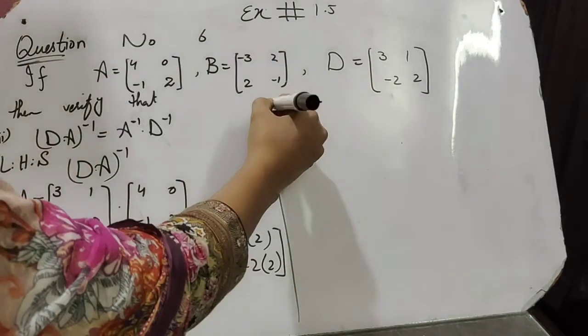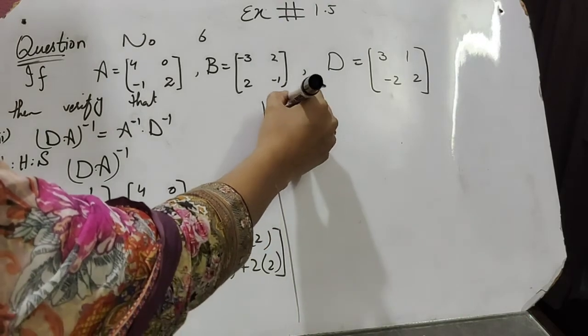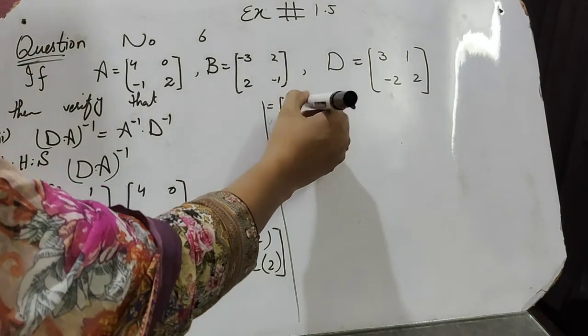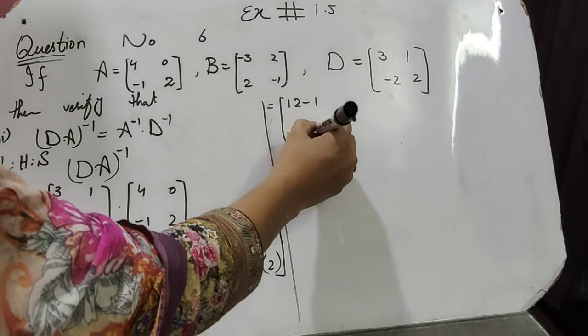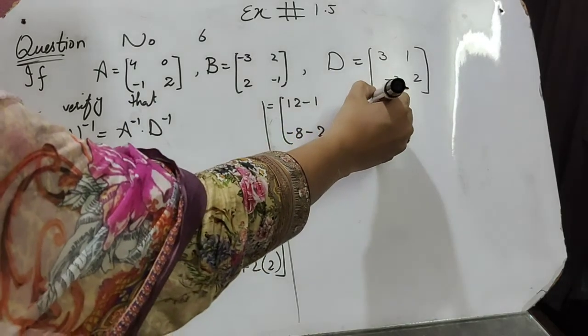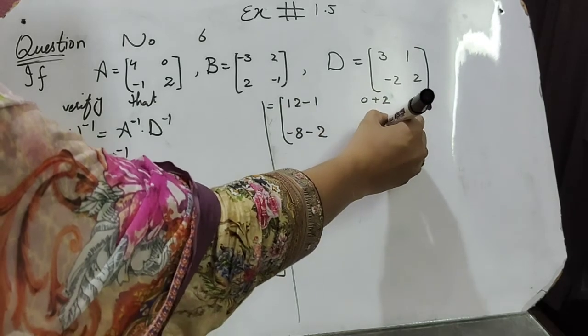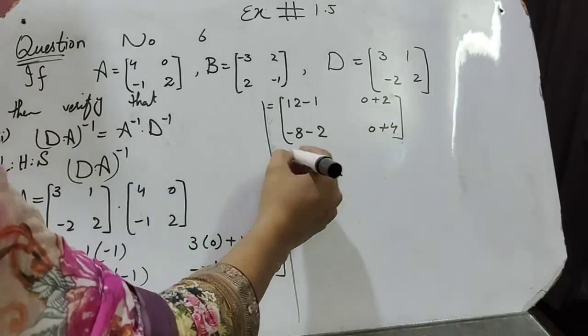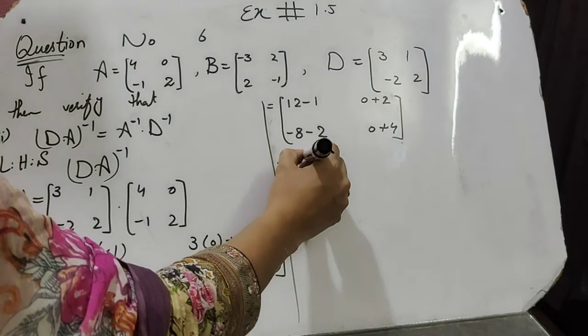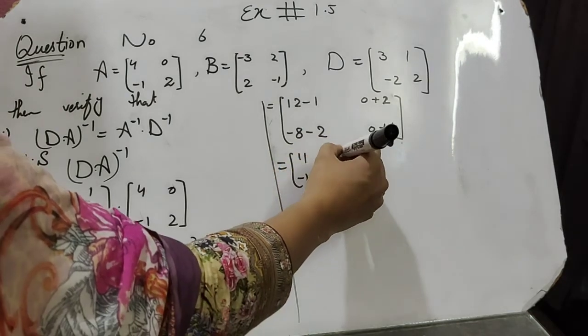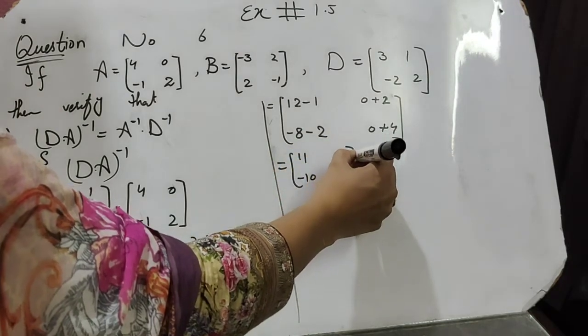So it will be equal to [12 - 1, 0 + 2; -8 - 2, 0 + 4]. So it will be equal to [11, 2; -10, 4].